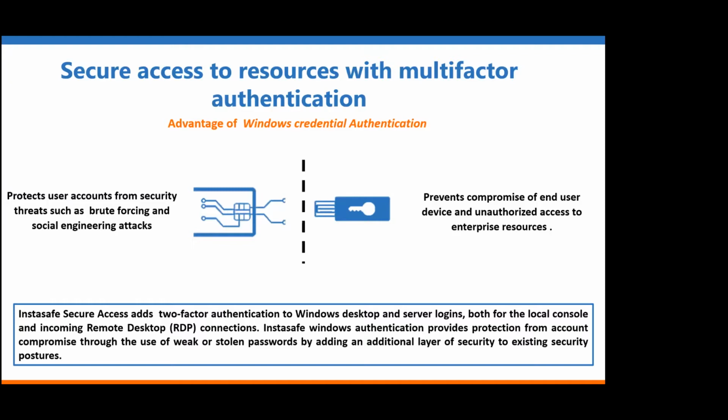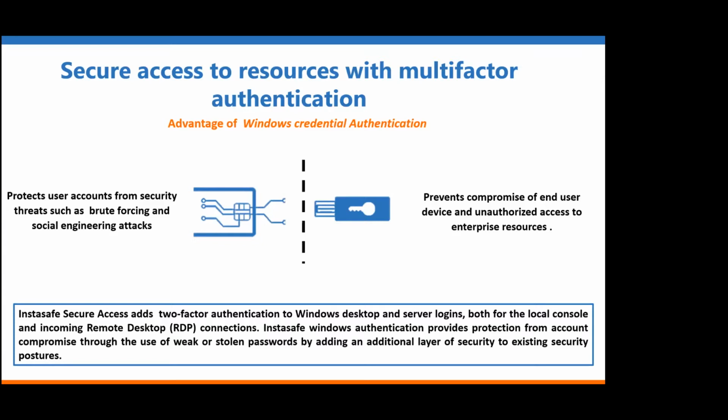Due to secondary authentication, what happens? The security of the end user device is enhanced, and threats such as brute force attacks or social engineering are really minimized, as well as a compromise of the end user device and unauthorized access to the enterprise being reduced.